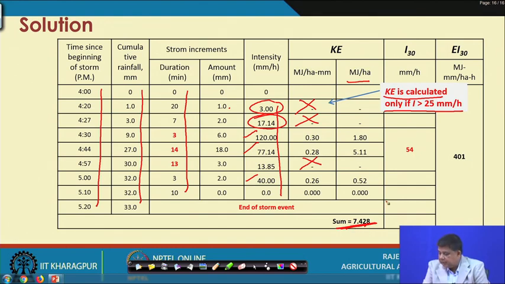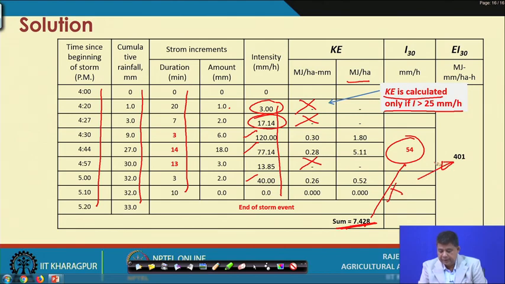The I 30 calculation remains the same. So, in this case also we will get 54 mm per hour of rainfall intensity, and obviously, the EI 30 value will be the multiplication of these two.